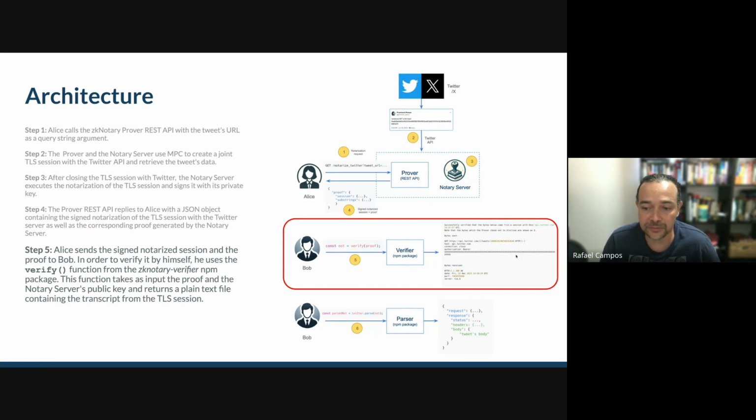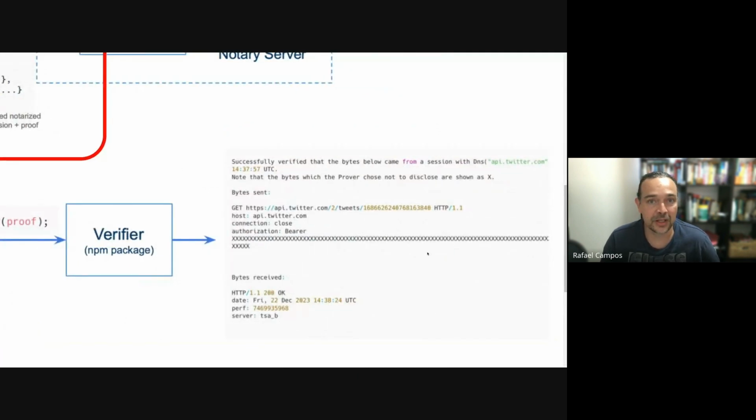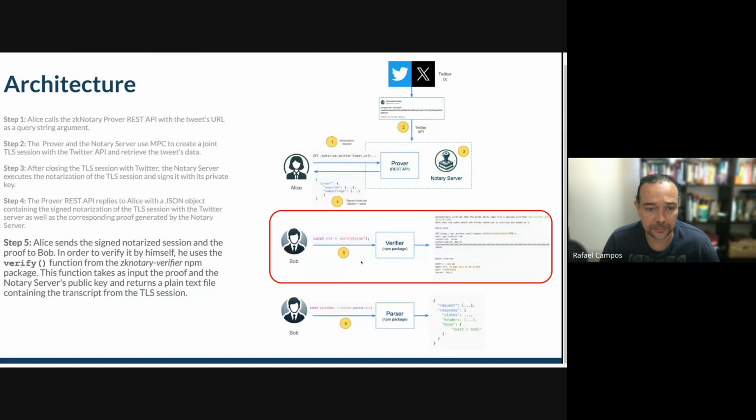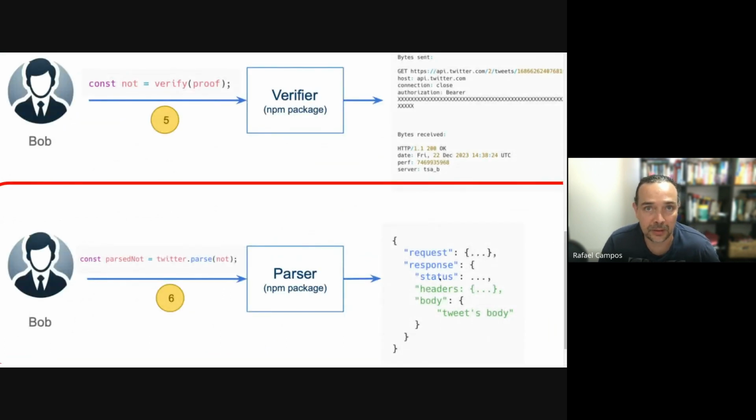The output from the verifier is plain text. As I said before, it's kind of hard to parse because it's generic. So here is when Bob can leverage the parser npm package, and call the twitter.parse function, which takes the output from the verifier and outputs a JSON object that has the actual data from Twitter.